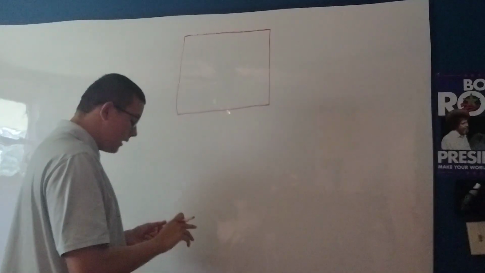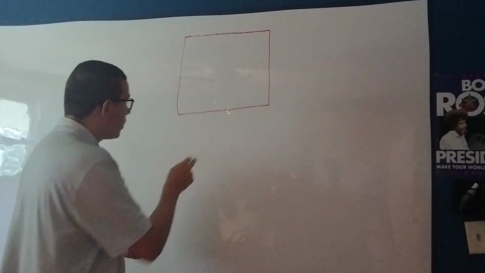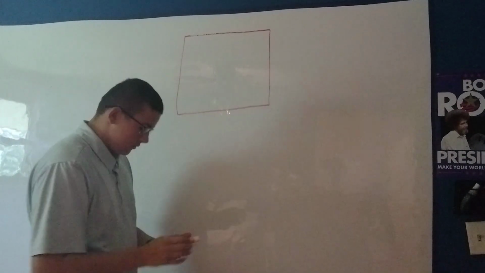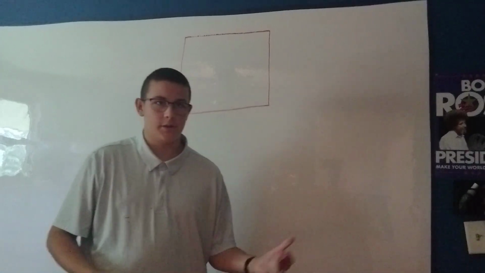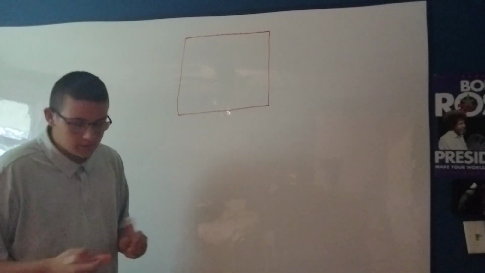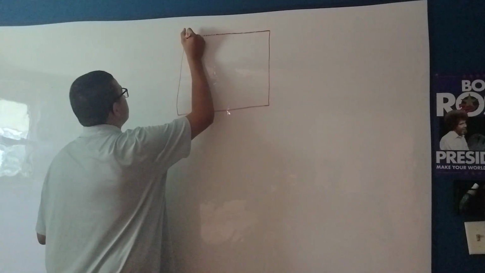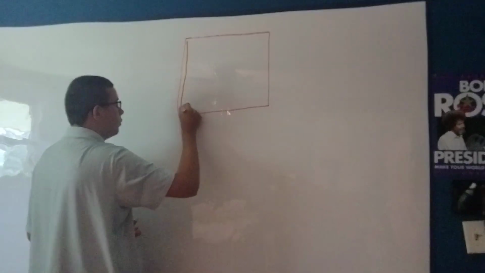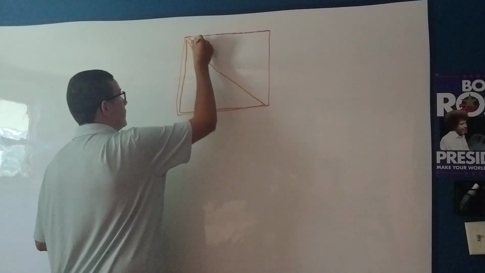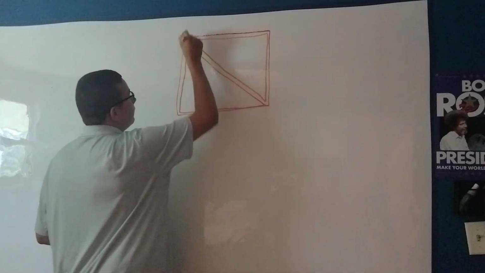Right, if we have this square, and we know in a regular square that all of these sides are the same, but more importantly that all of these angles are 90 degrees. So with that being said, you can just go, well, 90 times 4 is 360, but if we draw these triangles inside, we can fit one triangle in each corner like that, and then a second triangle in each corner like that.